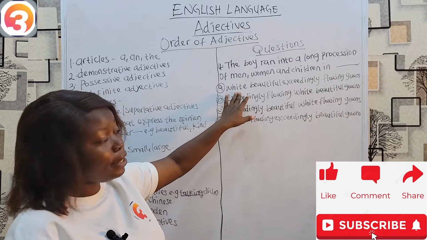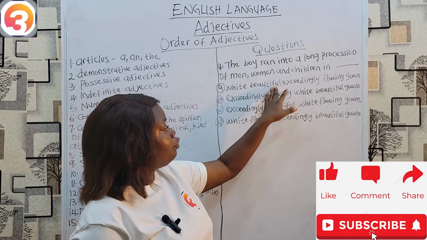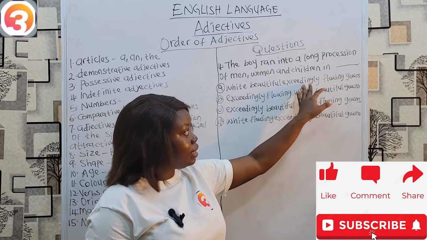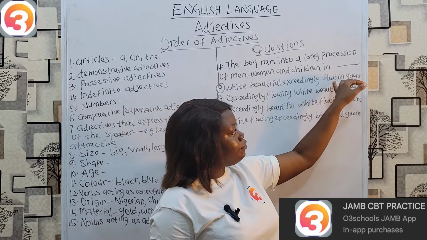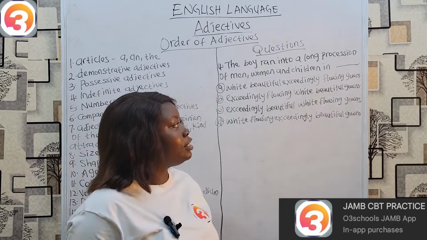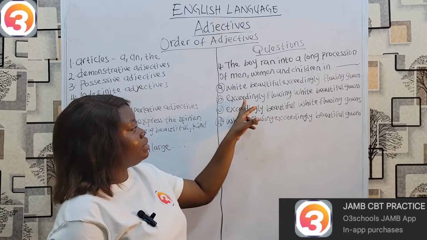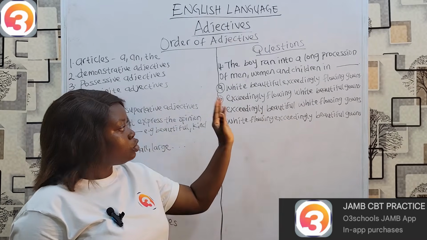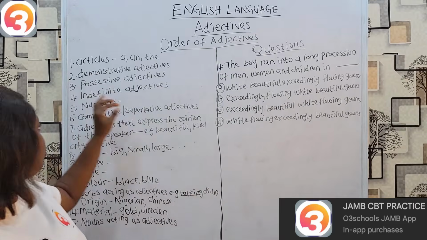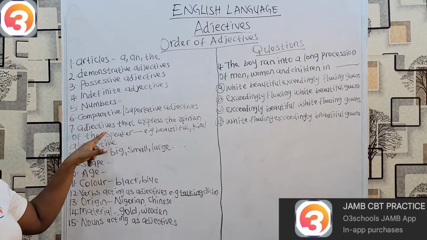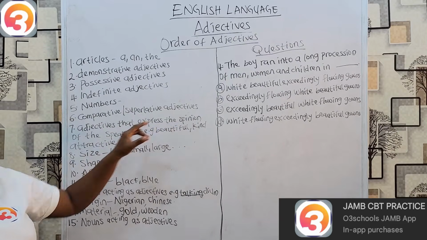White here represents color. Beautiful, the opinion of the speaker. Exceedingly is not an adjective, it is an adverb. Flowing is a verb acting as an adjective. Ordinarily, the adverb comes first. So here we already know that exceedingly should come first. So look at the next one. Here we have beautiful, the adjective expressing the opinion of the speaker.